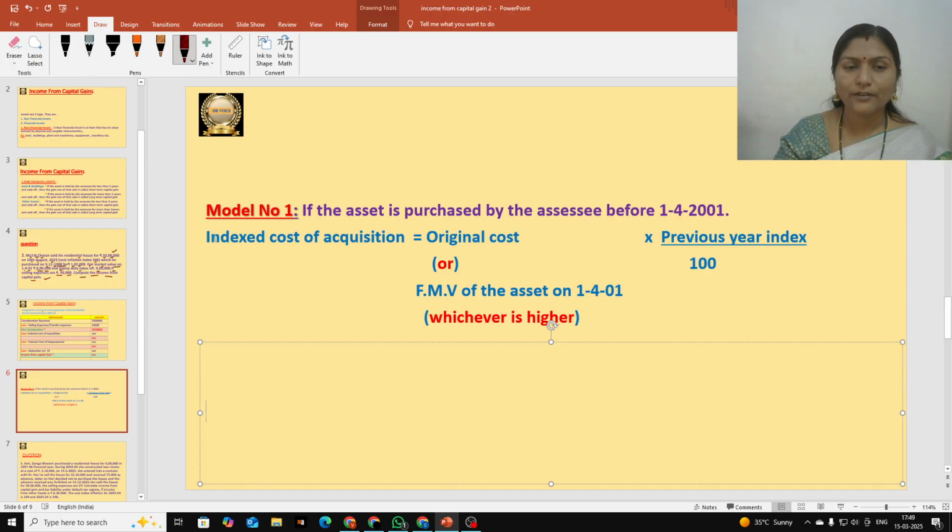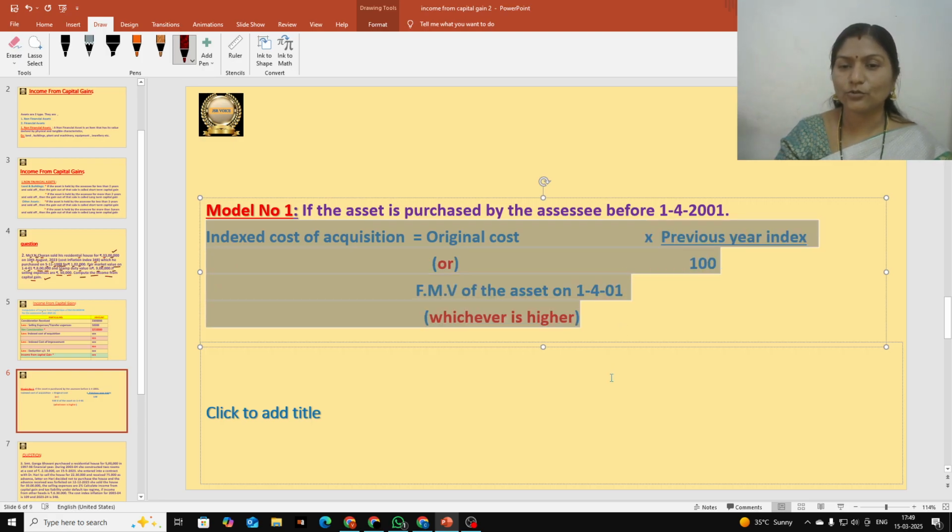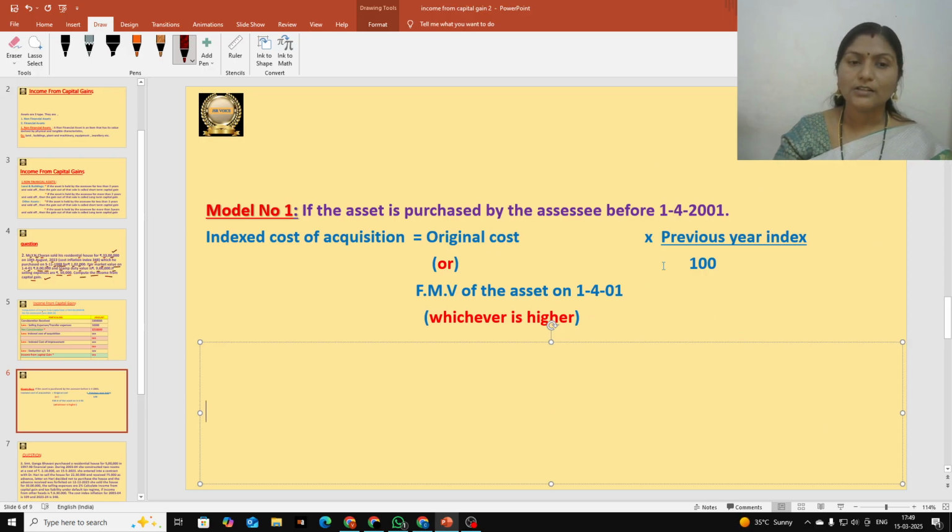What is a model 1 formula? Indexed cost of acquisition is equal to original cost or FMV of the asset on 1-4-2001, whichever is higher. So how to calculate it? Let me write it here.